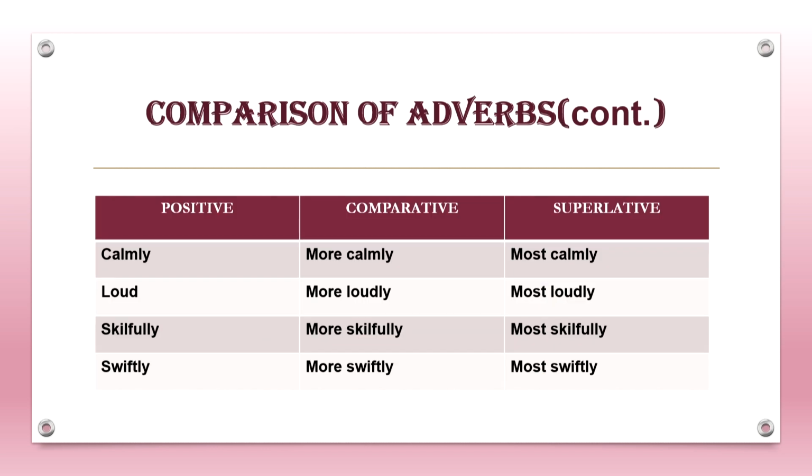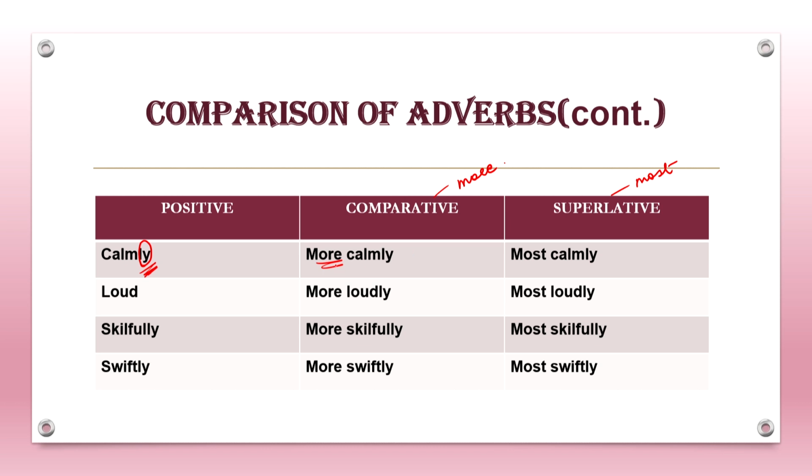Now, next, adverbs ending in ly form the comparative by adding more and superlative by adding most to the positive. For example, calmly is an adverb ending in ly. So, comparative will be formed by adding more to it.